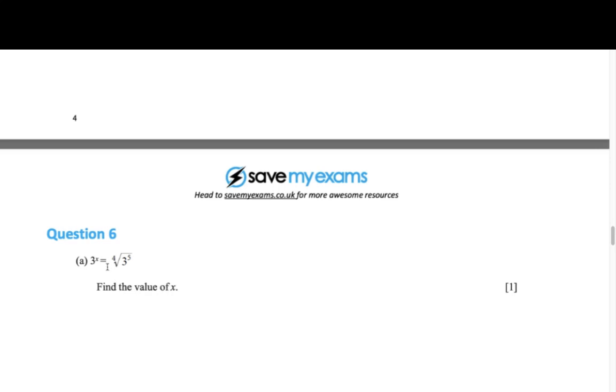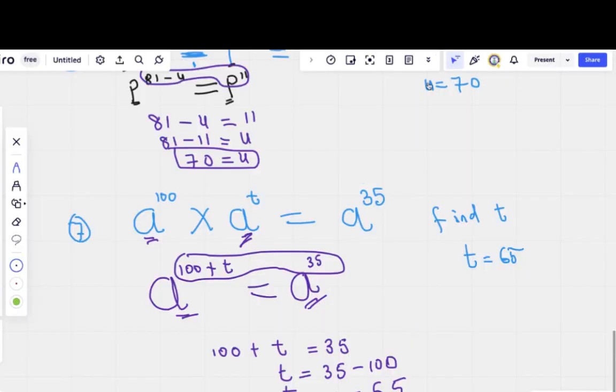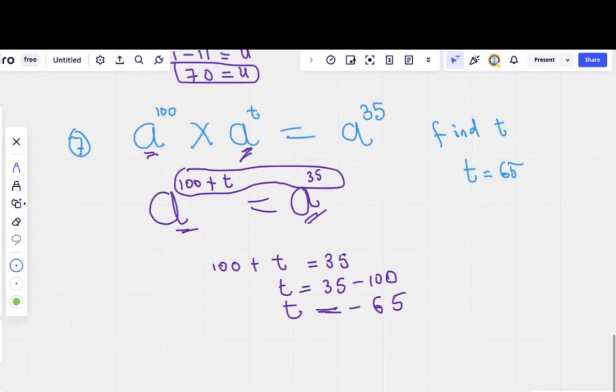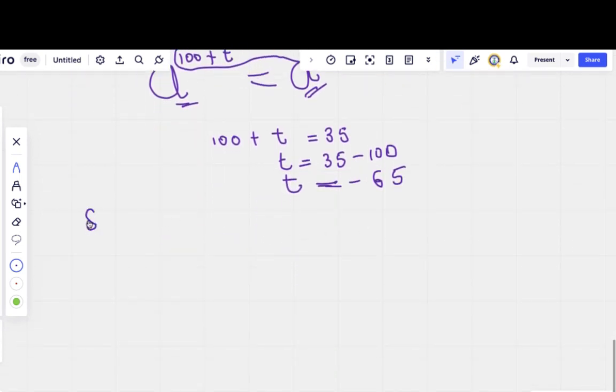Find x. 3 to the power of x equals the fourth root of 3 raised to the power 5. So we have, question 8, 3 to the power of x is equal to the fourth root of 3 to the power of 5.